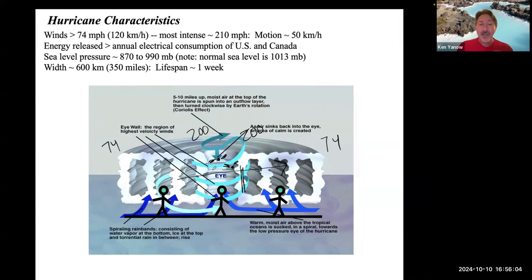Now, these winds are spinning at 74 to 200 miles per hour, but the entire storm itself is moving at about 30 miles per hour. So we see our two recent hurricanes, Helene and the one that just hit Florida. You're looking at these storms and they're moving at about 30 miles per hour. And here's the one coming off Florida.